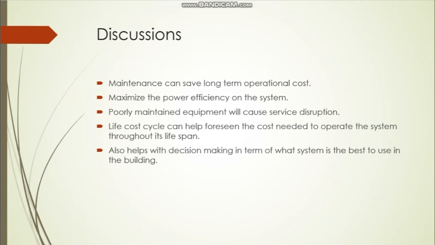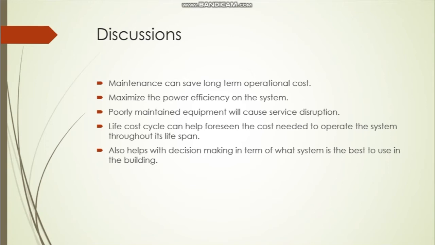Poorly maintained equipment will cause service disruption because it will last shorter, and it will function poorly and also affect other systems.